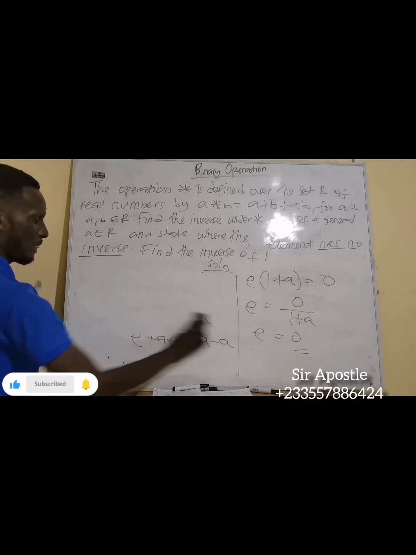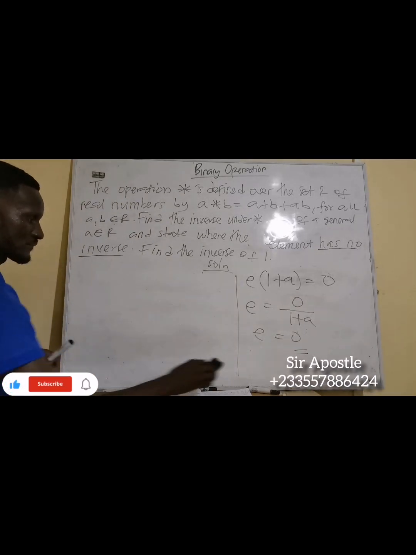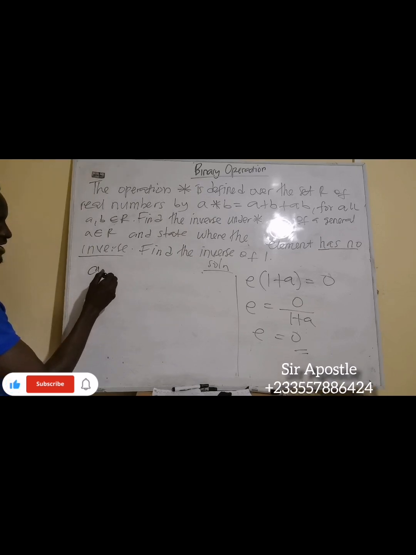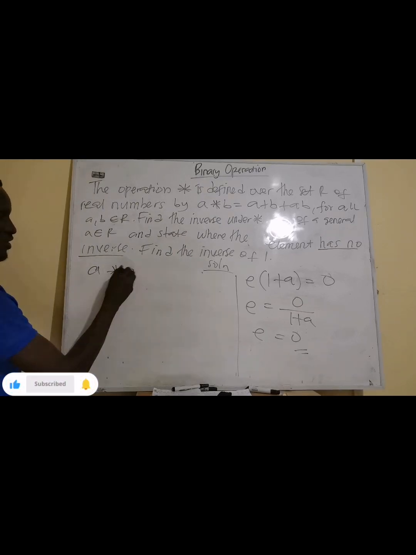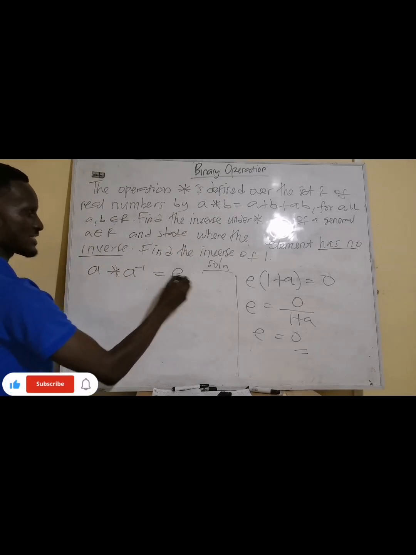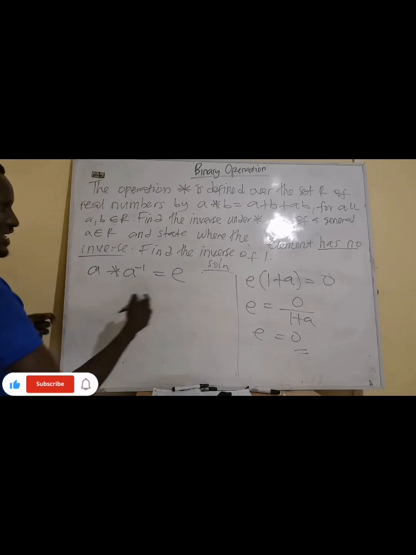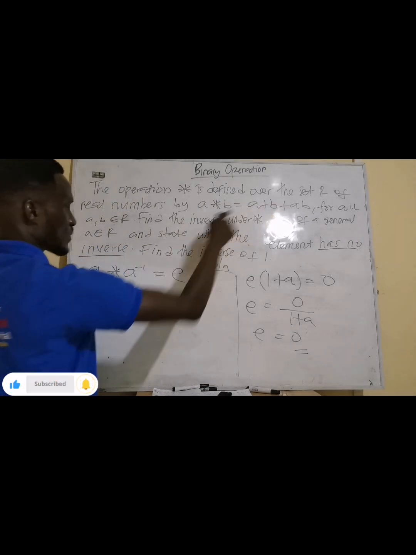Now let's see. A operating on its inverse is supposed to give us the identity element. So this is the inverse; I'm using A inverse as the inverse. So let's substitute the same thing into this one.